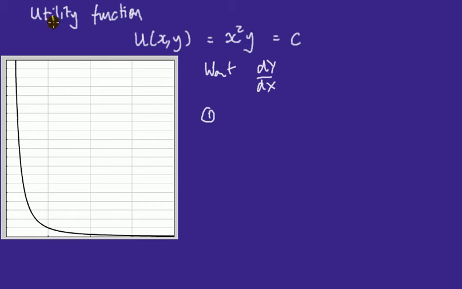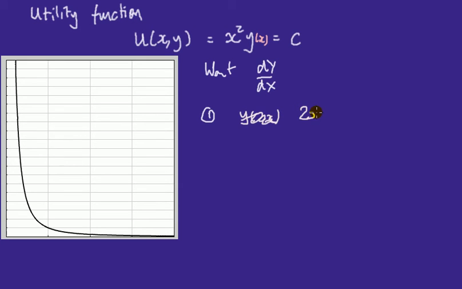So just like before, I remind myself that the output y is dependent on x, so I do that by the y, and now I differentiate, do d by dx. So first of all, let's write down the y times the derivative of x squared, which is 2x.